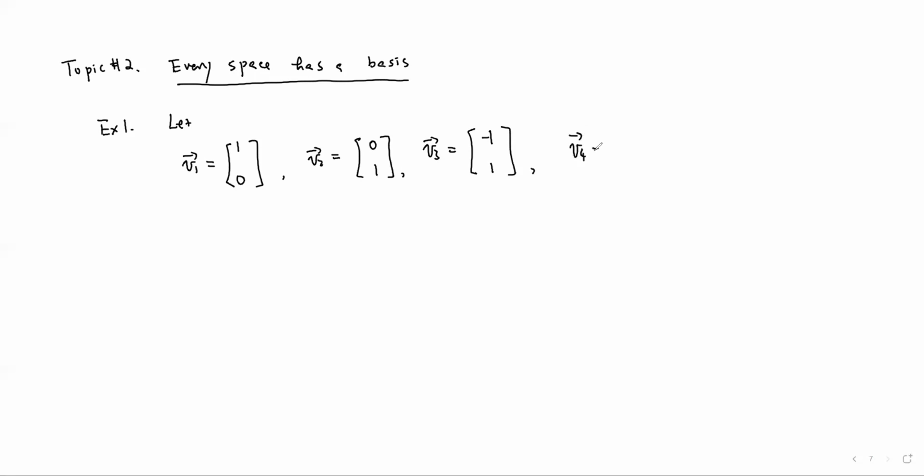V4 be (1, 1). Four vectors, all from R2. Okay. Then can you see that R2 can be spanned by these 4 vectors? Can you see that?